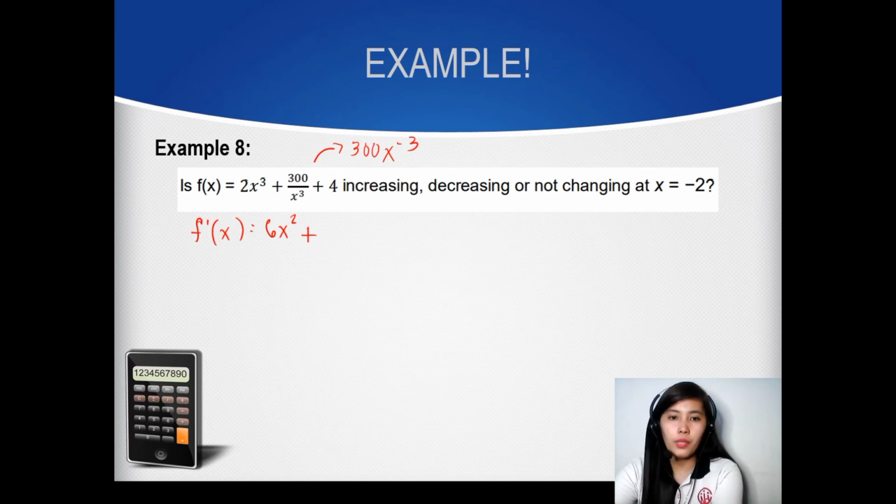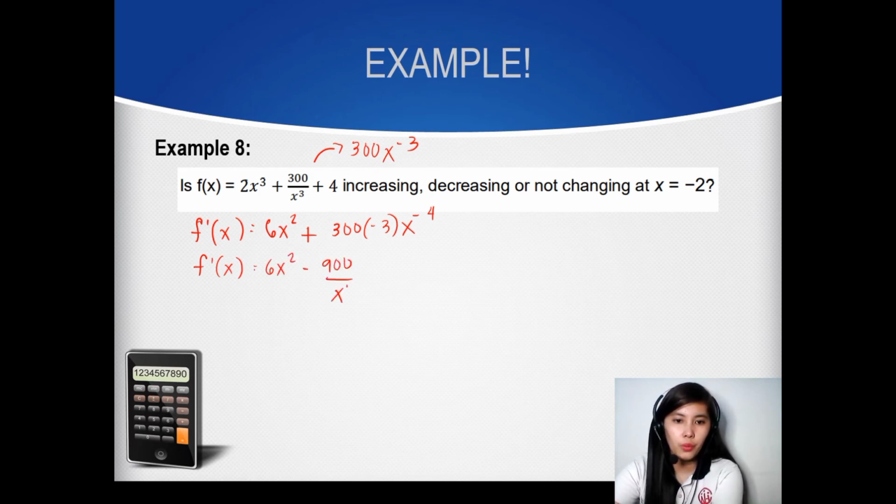So this will be 300 times negative 3, x raised to negative 3 minus 1 is negative 4. Then derivative of 4 is 0. So therefore, our f prime of x is equal to 6x squared minus 900 over x raised to 4.